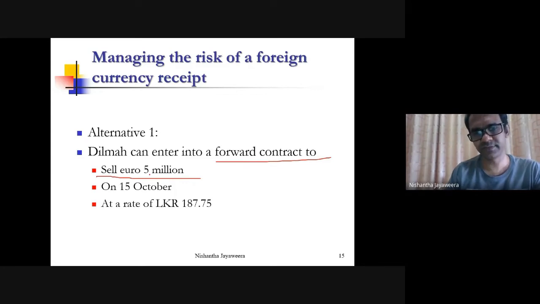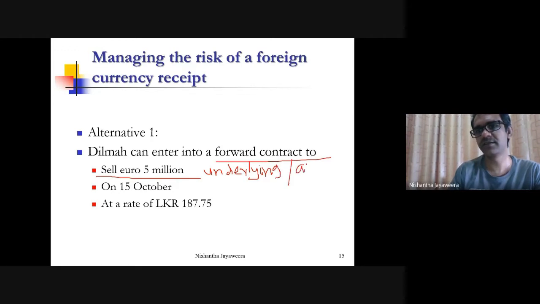In a forward contract, you have to specify the underlying currency pair and the amount.